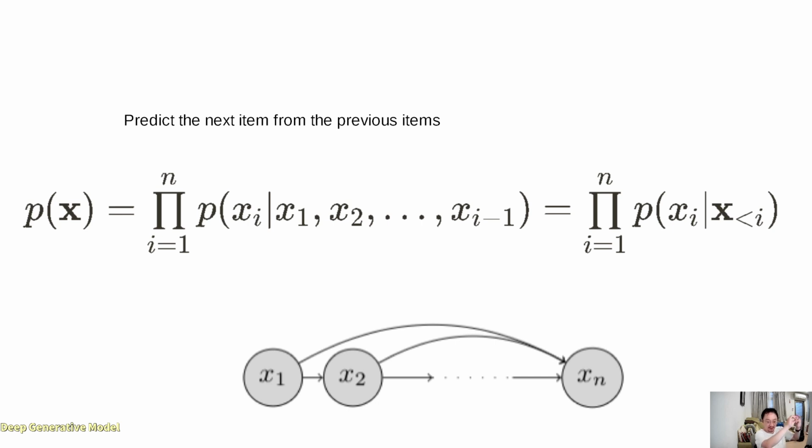If we go from left to right and from top to bottom, each pixel is correlated to the previous ones. So in this case, the elements are related to the previous ones.